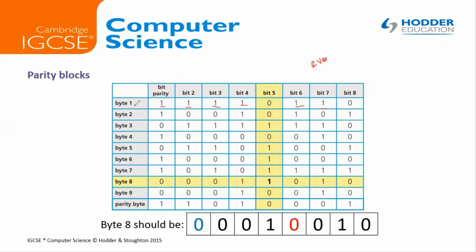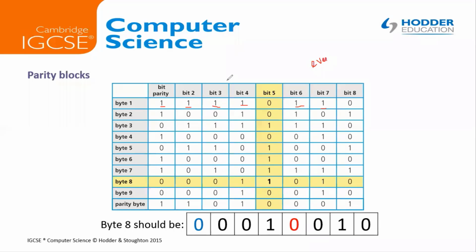Sorry, there are 6 ones for the first one, and for the second one I have again 4, which is even, so that's correct. For the third one, if you count, we have 1, 2, 3, 4, 5, 6, again it's even. Byte 4 we have 2 ones, which is correct.